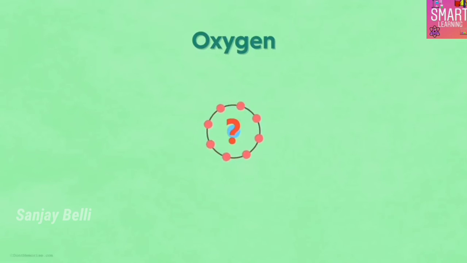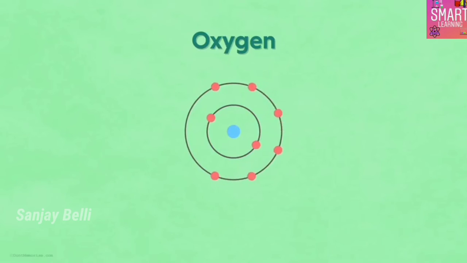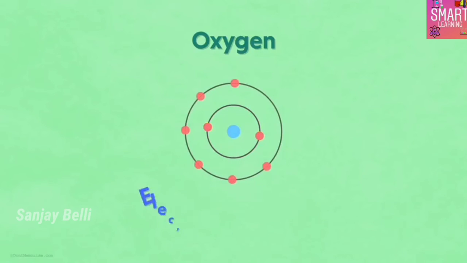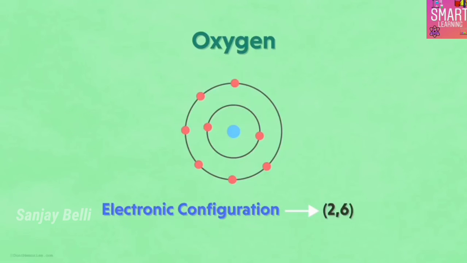In fact, according to the rule, we have to fill 2 electrons in the first and the remaining 6 electrons in the second shell, because the capacity of the first shell is a maximum of 2 electrons. So can we say that the electronic configuration of oxygen is 2, 6? That's right. But now this indicates that oxygen does not have 8 electrons in the outermost shell.